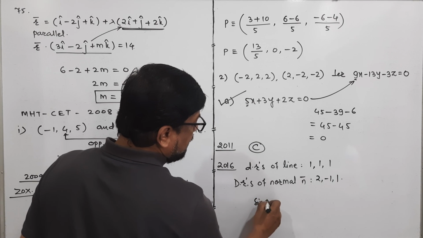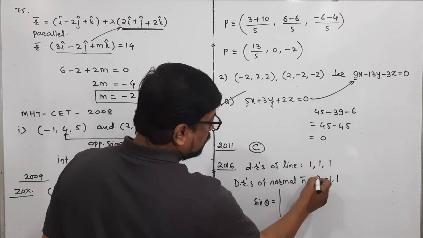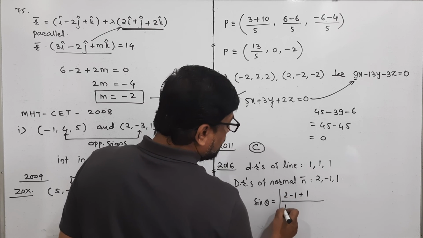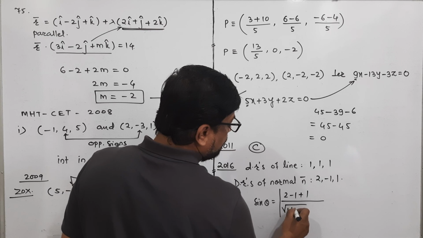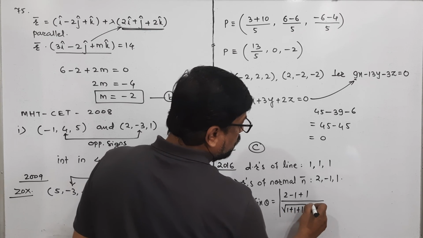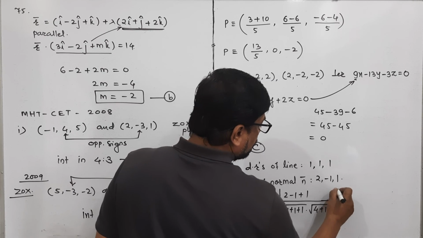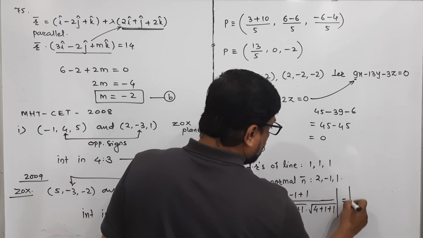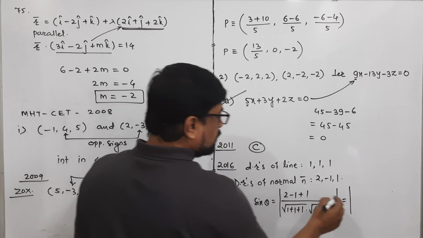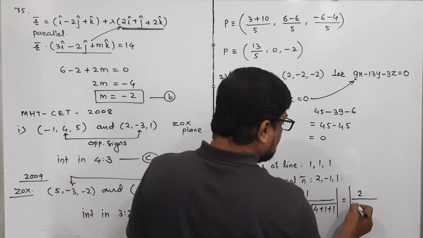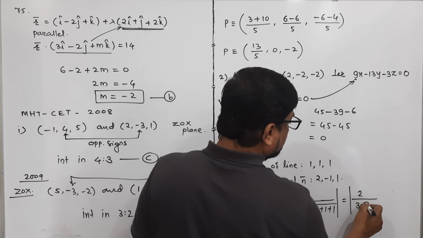Same formula use करना है. Mod of 2 minus 1 plus 1 divided by under root of 1 plus 1 plus 1 into under root of 4 plus 1 plus 1. That is nothing but equal to mod of, this is nothing but 2 upon root 3 into root 2.